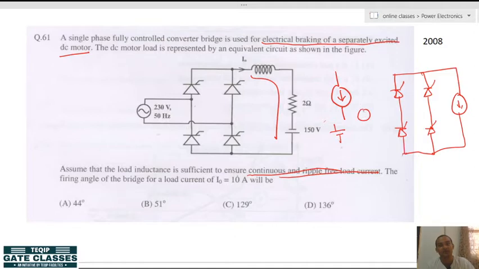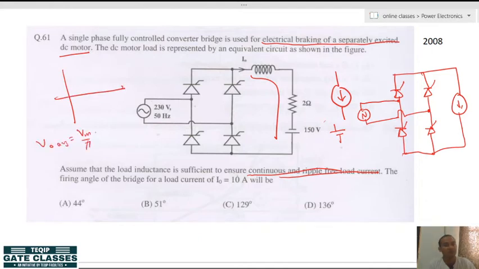So, we know that this is a single phase full wave fully controlled converter, and when motoring mode is there, we have studied that its average output voltage comes out to be 2Vm upon pi cos alpha.